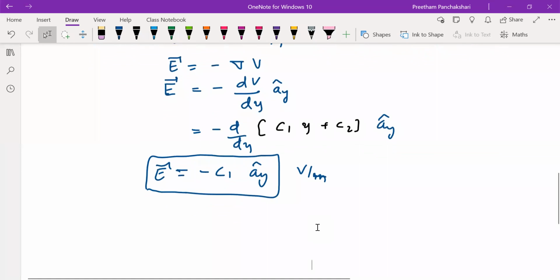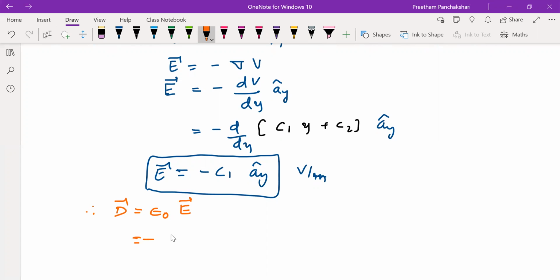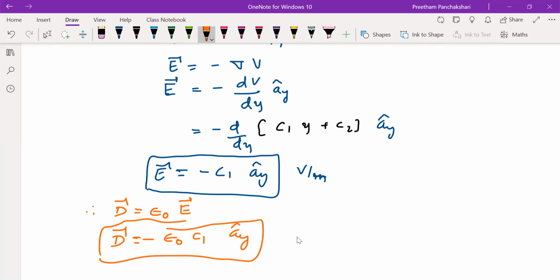But we want D. Therefore, D equal to epsilon naught E. In the problem, it is mentioned free space, so epsilon naught. So we are going to have now minus epsilon naught C1 a cap y, the D value, coulomb per meter square.